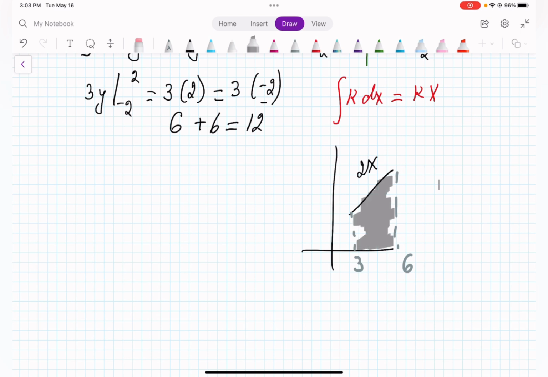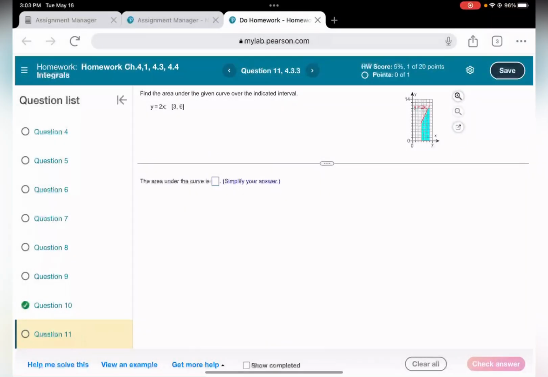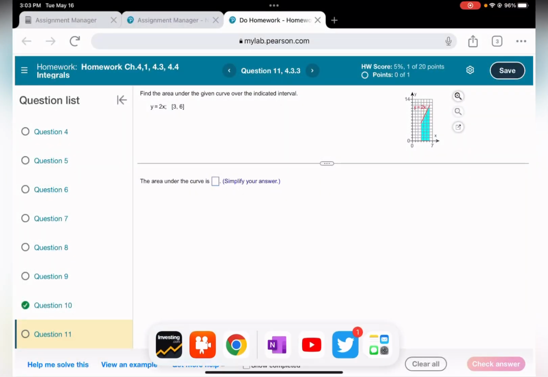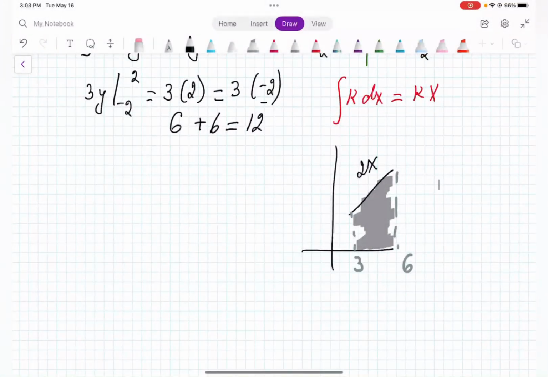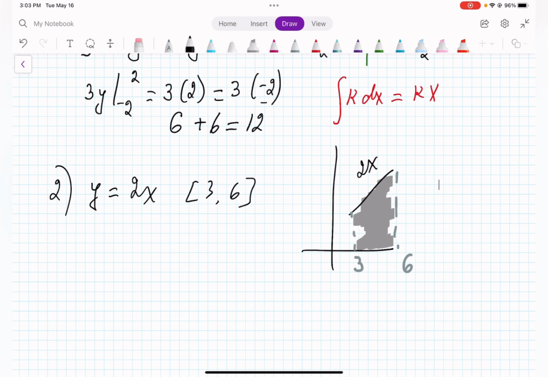So how are we going to work this out? We have y is equal 2x, okay, sorry, I hadn't written it: y is equal 2x, question number 11, and it's on interval 3 and 6. Again, it's the square bracket, so which means 3 and 6 are included.